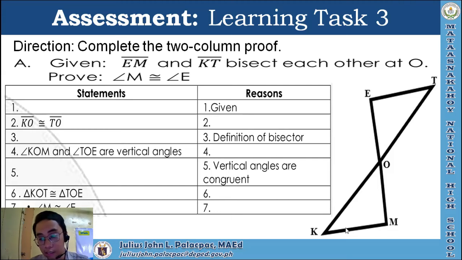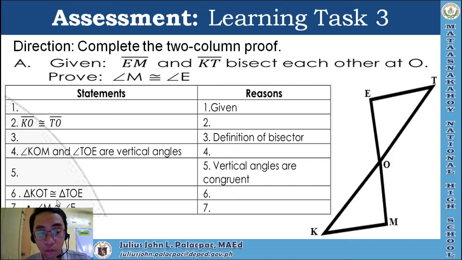And then we can say that angle KOM and angle TOE are vertical angles. So ito ay definition of vertical angles. Ganun lang ang reason. And then angle KOM is congruent to angle TOE. Vertical angles are congruent. So ngayon, mapuproof na natin dahil meron tayong side, angle, side.